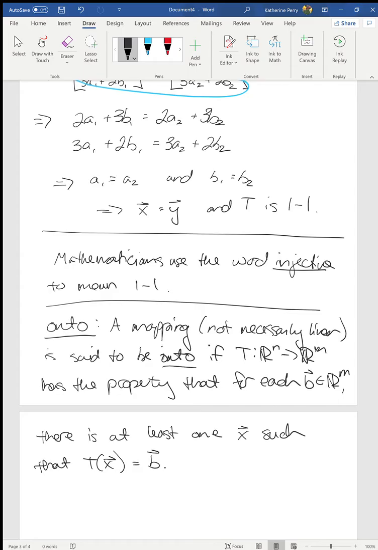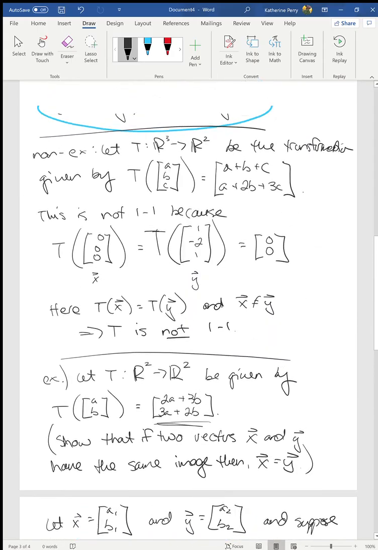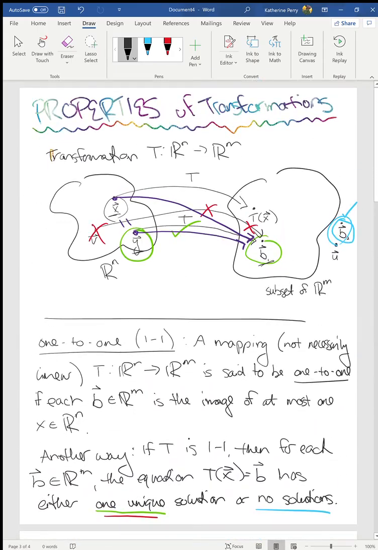Okay, so let's go back up and look at our picture. What that means is that I can't have these vectors sitting alone on the outside. So all possible vectors in Rm are located inside this range of my transformation.